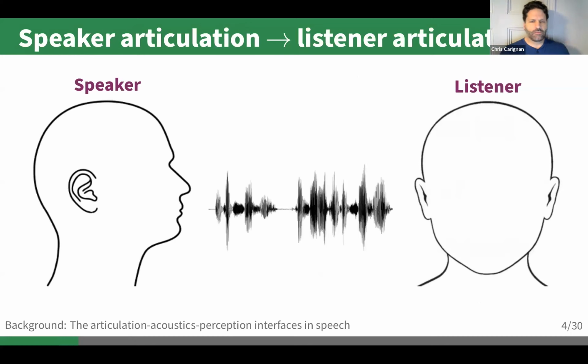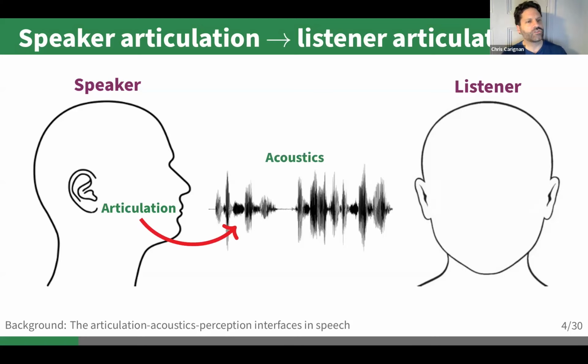Now, it's easy to say, okay, well, it's based on the listener. Something happens, and they hear something, and then go on and produce some sort of new variant in the system. But we have to talk about how that might be the case, right? So we have this simple speech chain model where the speaker has some idea in their head, and then they have some sort of articulatory plan to get that encoded out.